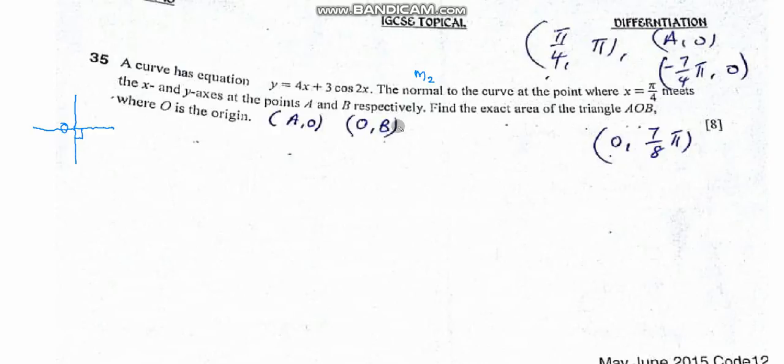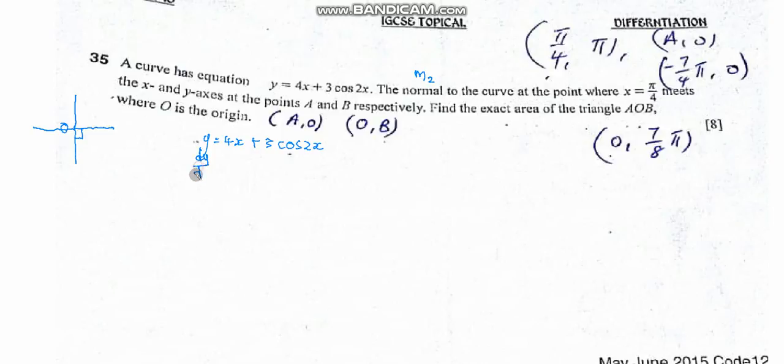Now let's do the differentiation to find the M1 when x equals pi over 4. So y equals 4x plus 3 cosine 2x.